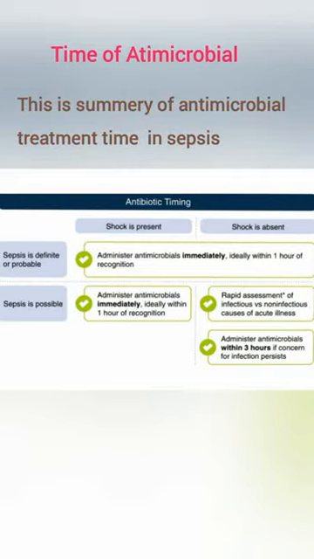If shock is possible but present, also administer antimicrobial treatment immediately within the first hour of recognition. And if shock is not present, do rapid assessment of infection versus non-infectious cause of acute illness, and this assessment should be within the first 3 hours of presentation, and if sepsis is proven, administer antimicrobial treatment immediately.